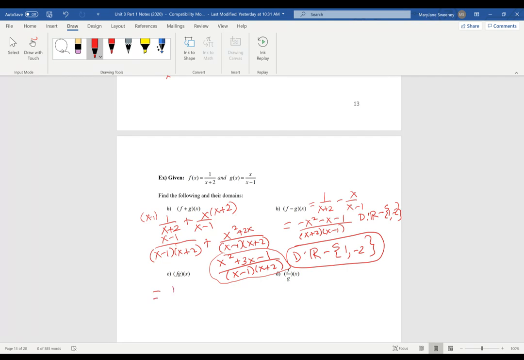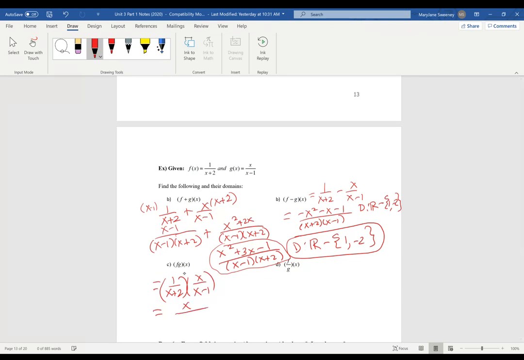Multiplication, we are going to take 1 over x plus 2, multiply by x over x minus 1. So we get x over x plus 2, x minus 1. For the domain, numerator's all reals. Denominator, though, can't be negative 2 or 1. F over g of x, we are going to take the f of x, divide by the g of x.